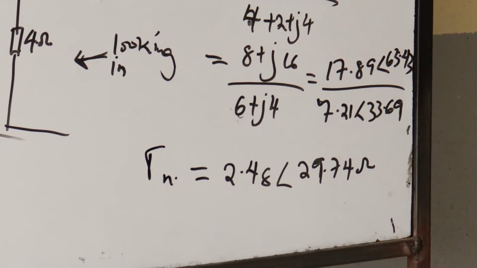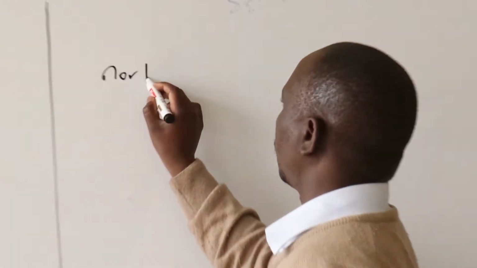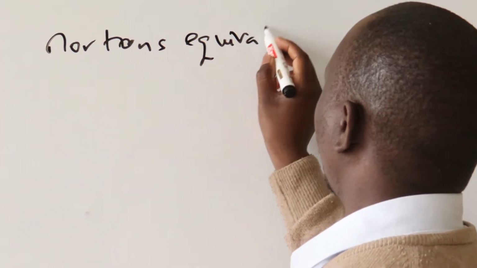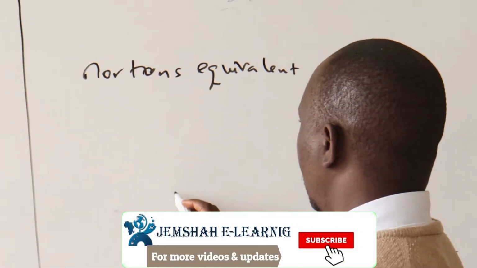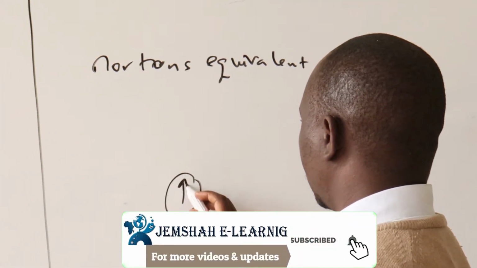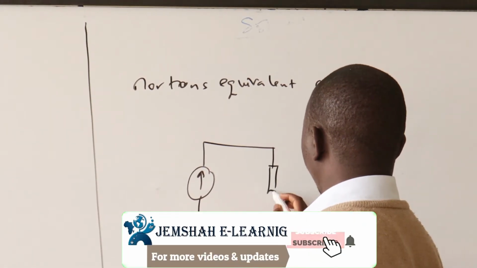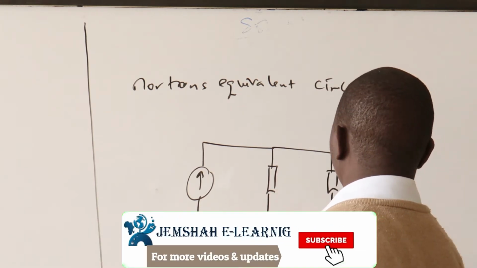From there, we're supposed to draw the Norton's equivalent circuit. We shall have our current source being the short circuit current. Then we shall have our Rn connected in parallel, and we shall have our RL.